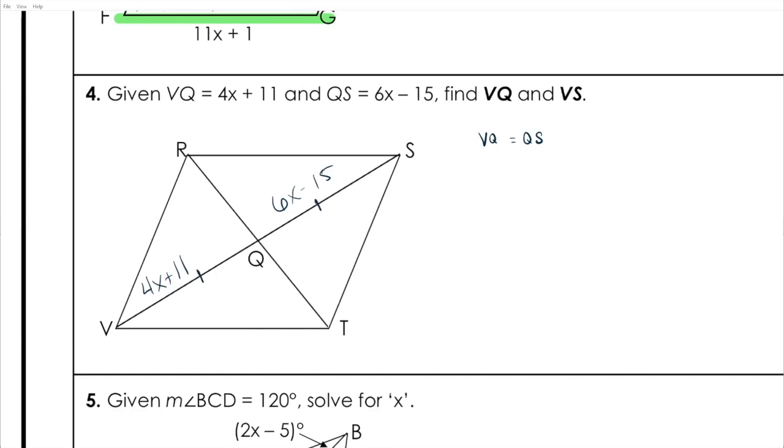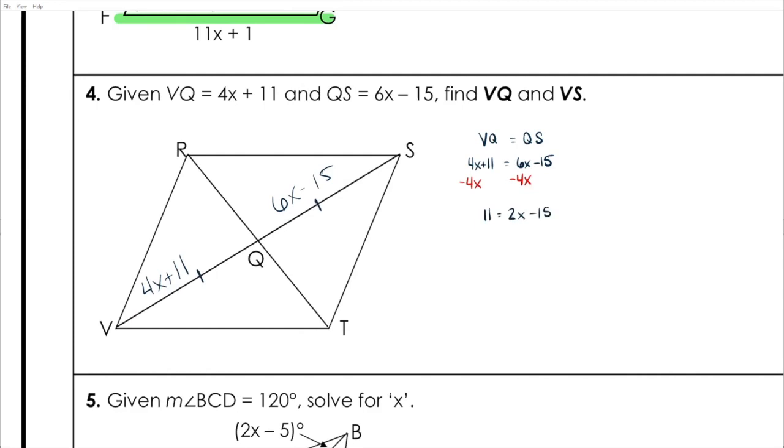Kind of fun, right? Substitute what we know, 4x plus 11 is 6x minus 15. Variable on both sides, just like before, we're going to go ahead and move that variable first. So subtract 4x, 11 is 2x minus 15.